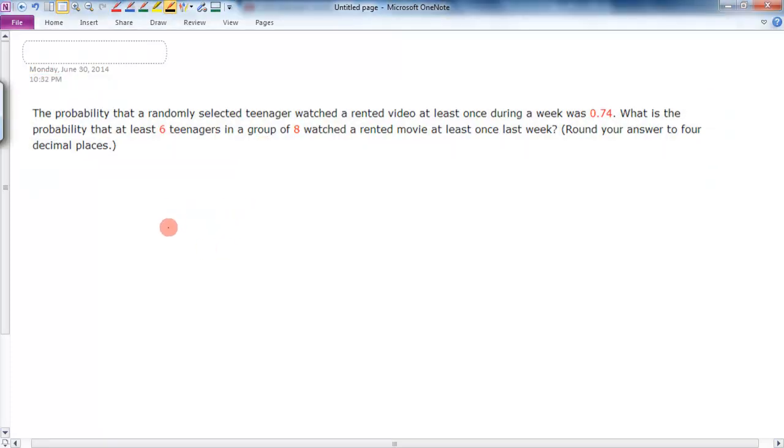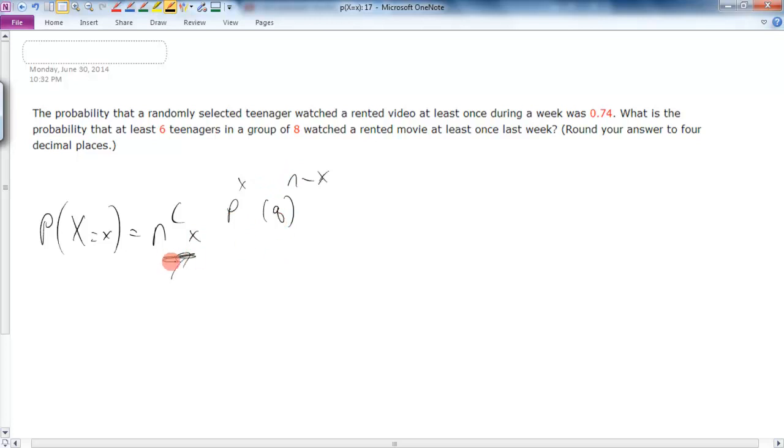That is nCx times p raised to the x times q raised to the n minus x, where x is the number of successes. This is the probability of big X equaling little x, where little x is the number of successes, n is the number of trials, p is the probability of success, q is the probability of failure.